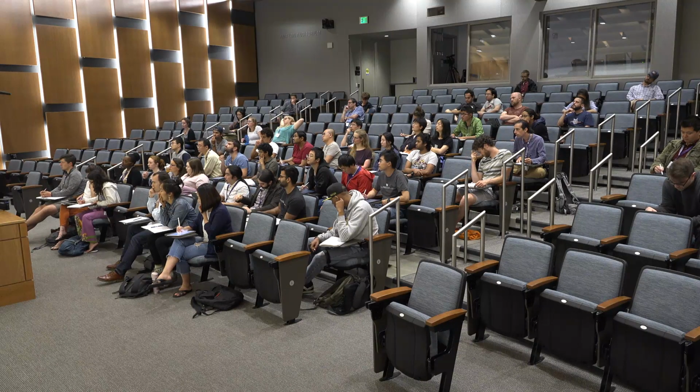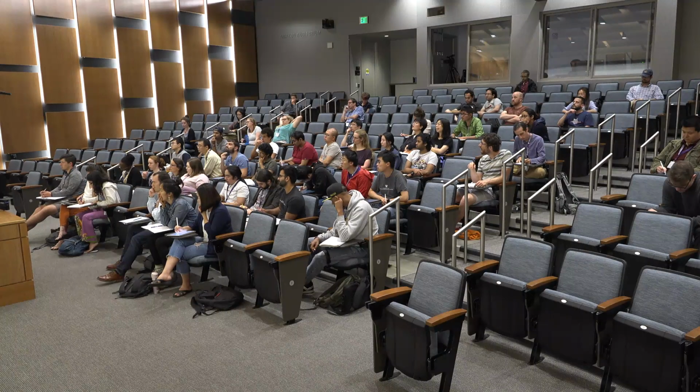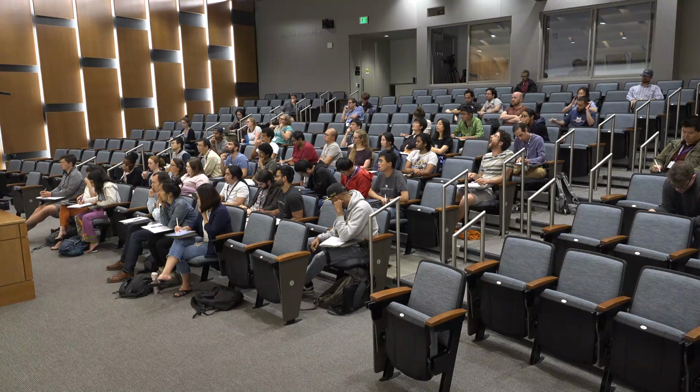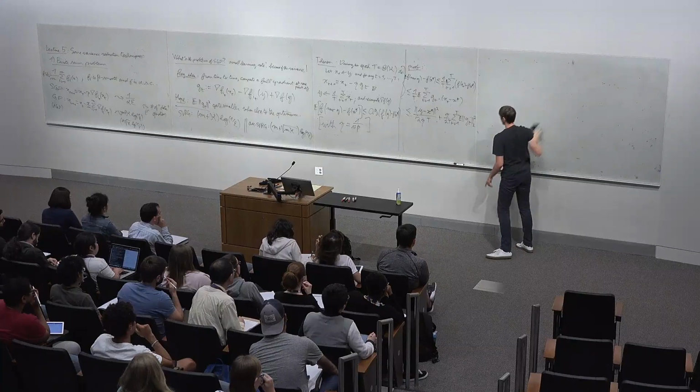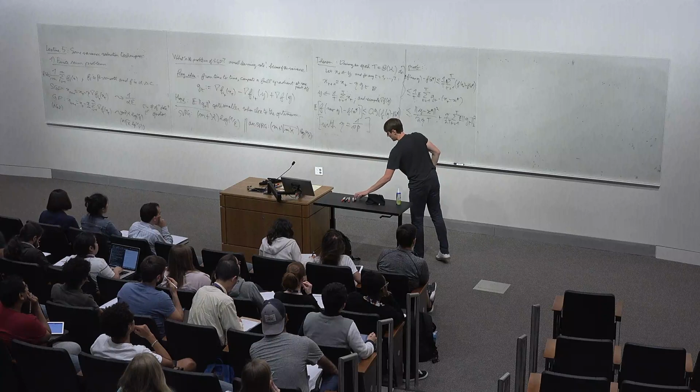Okay, so now I'm just going to use the strong convexity to bound the range term by the gap in function value. And I'm going to use the definition of the variance reduced gradient to bound the variance term.